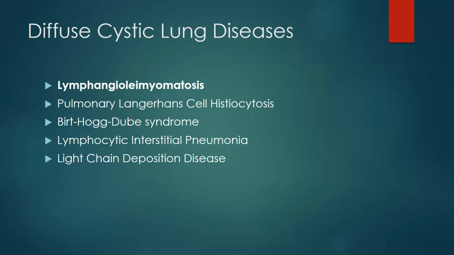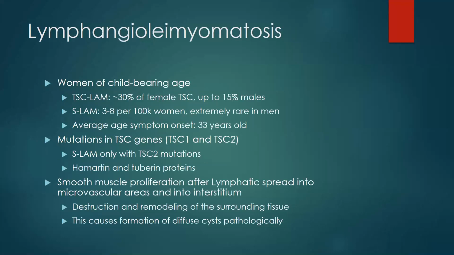So just starting off with LAM. LAM usually occurs most commonly in those that also have tuberous sclerosis complex. As you see, TSC-LAM, but there is also a sporadic form without TSC.